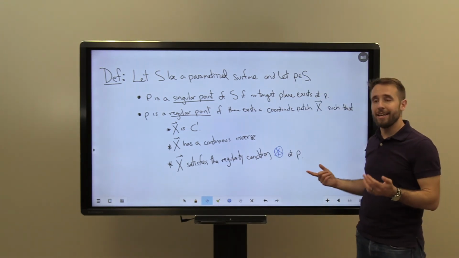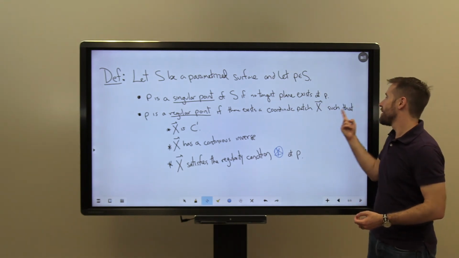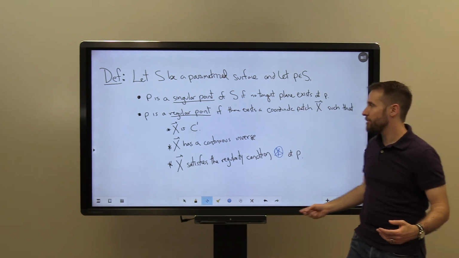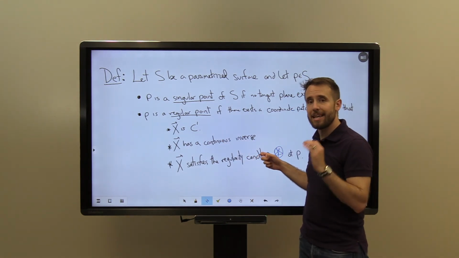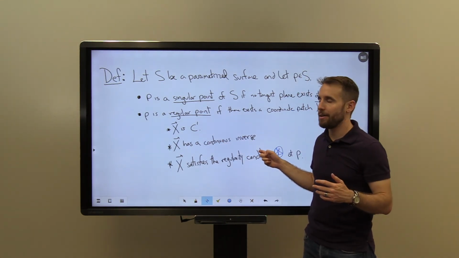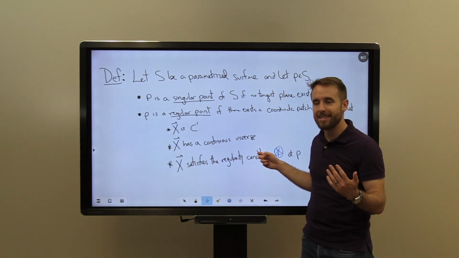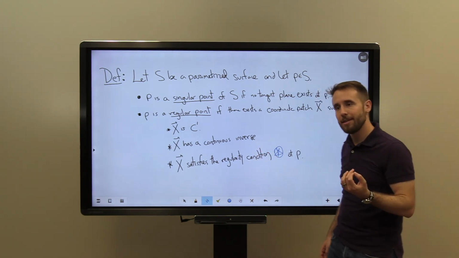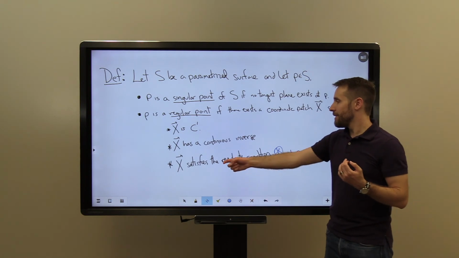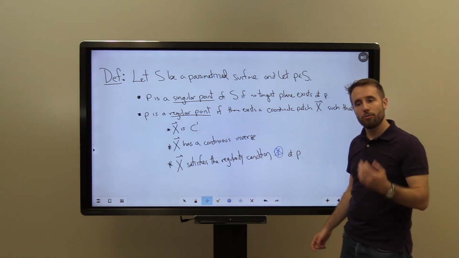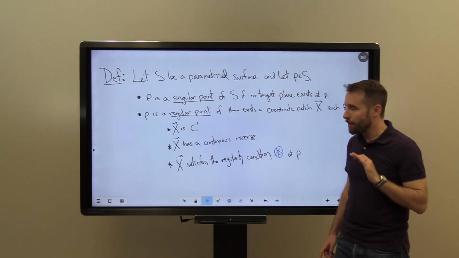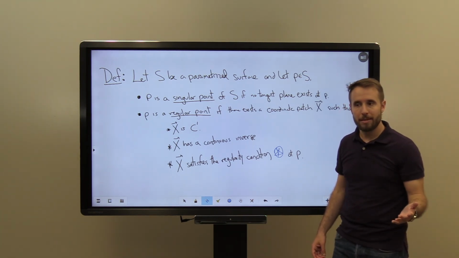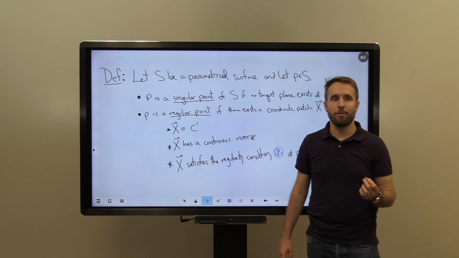And the coordinate patch should be at least C1. It should have a continuous inverse, right? So, if this language makes sense to you, this should be a homeomorphism. And finally, it should satisfy the regularity conditions that we outlined on the previous page. If all of those are true, then that point will be a regular point.